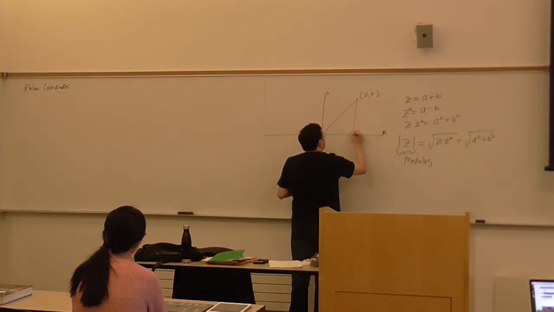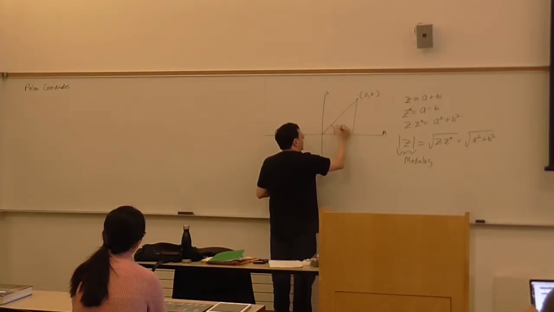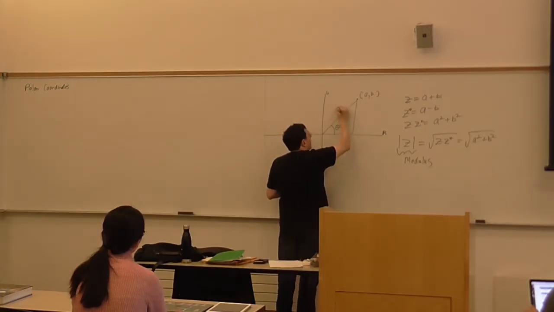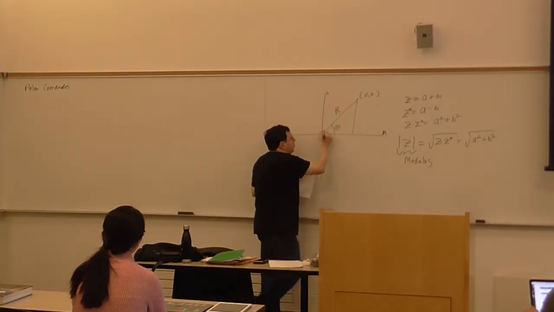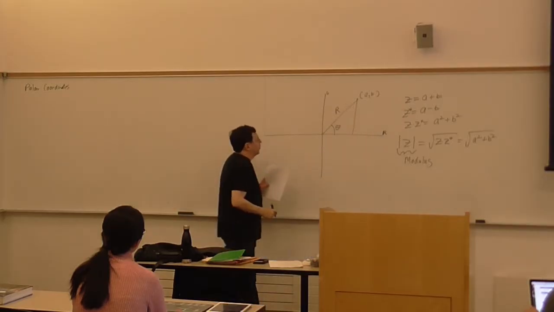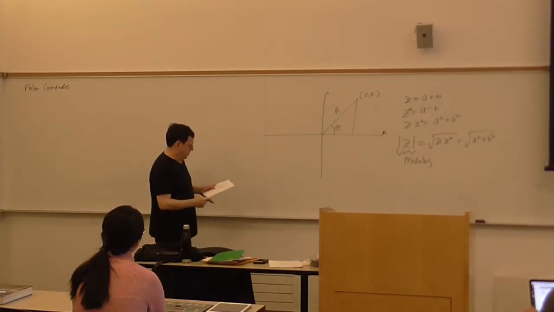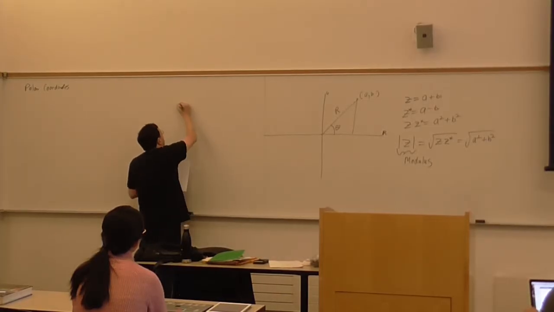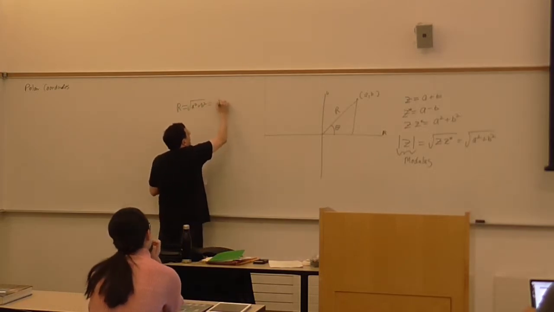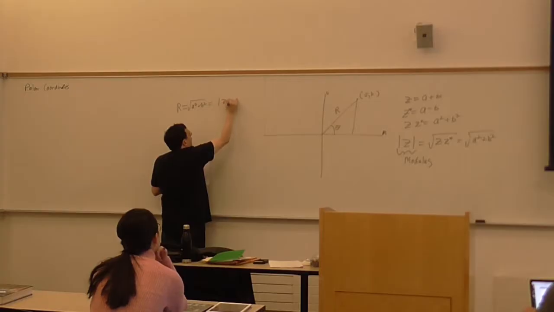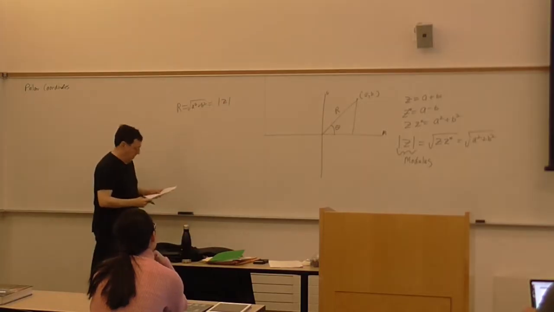So again, we're going to have an angle here, theta, and a distance from the origin to the point, which is r. But now, since r is the square root of a squared plus b squared, we can also write it as the modulus.